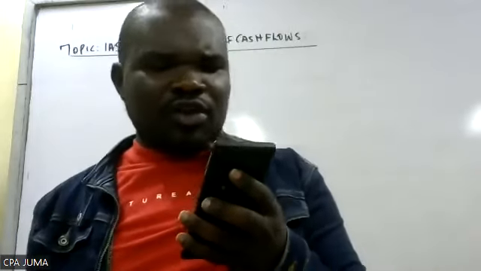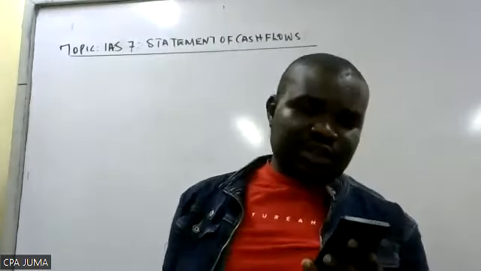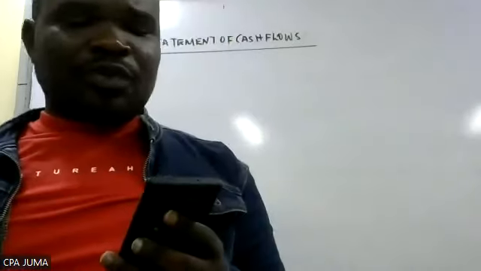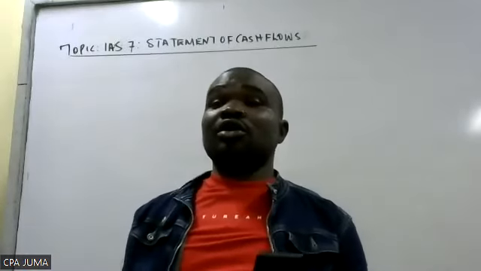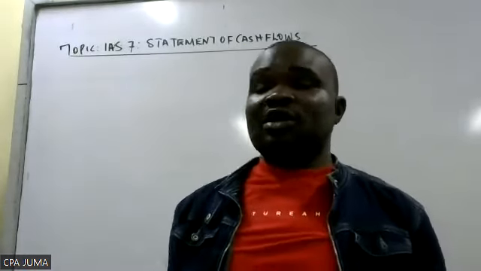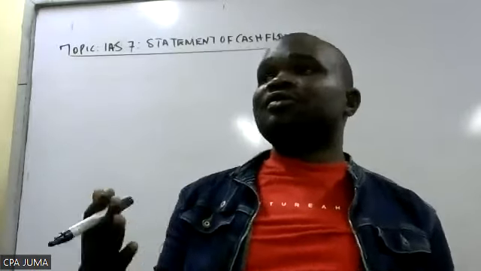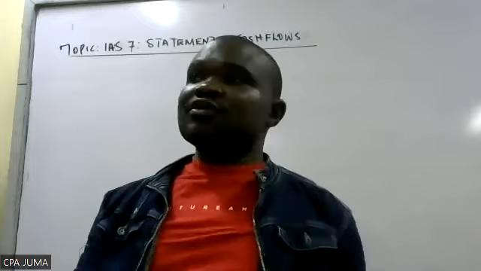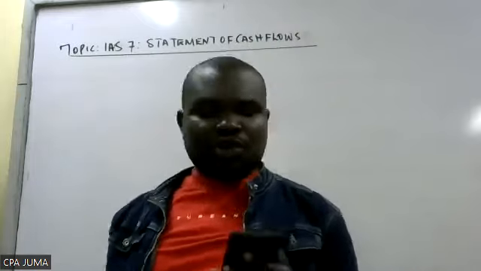So back to the notes. Operating activities are the main revenue generating activities, i.e. sales, cost of sales, administrative, and selling and distribution. So mostly those are the operations, because those are what we deal with on daily basis. We do sell, we incur cost of sales, administrative, distribution.